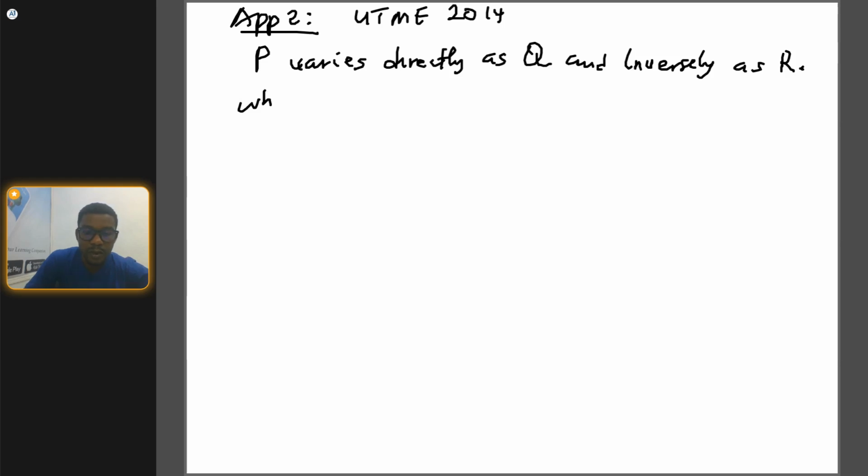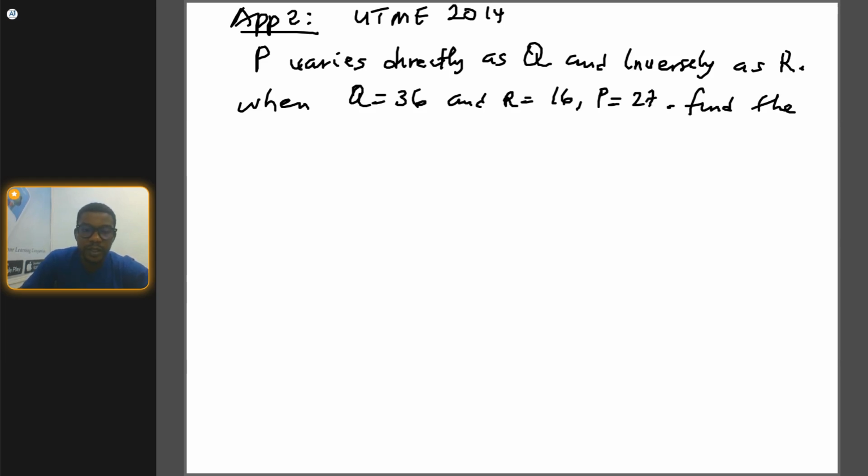When Q equals 36 and R equals 16, P equals 27. Full stop. Find the relationship between P, Q, and R.